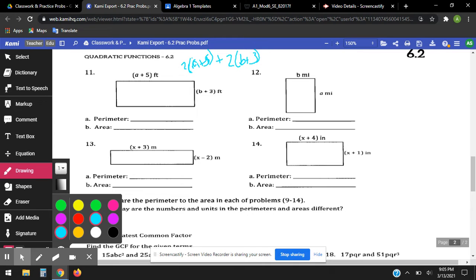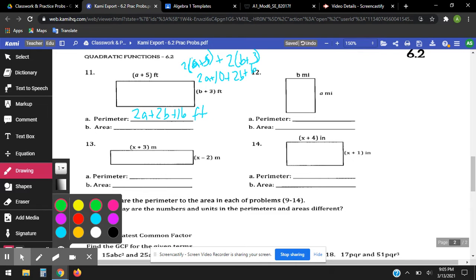Oh, that's what we were just doing in that warm-up, wasn't it? 2a plus 10 plus 2b plus 6. So that means 2a plus 2b plus 16 feet. So that's my perimeter, adding those all together.